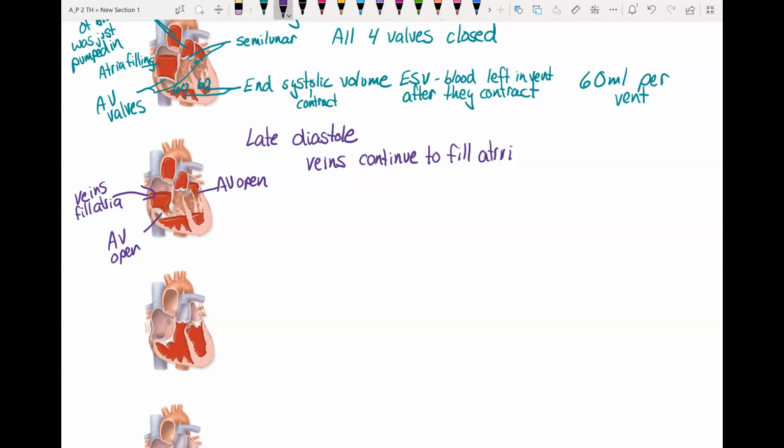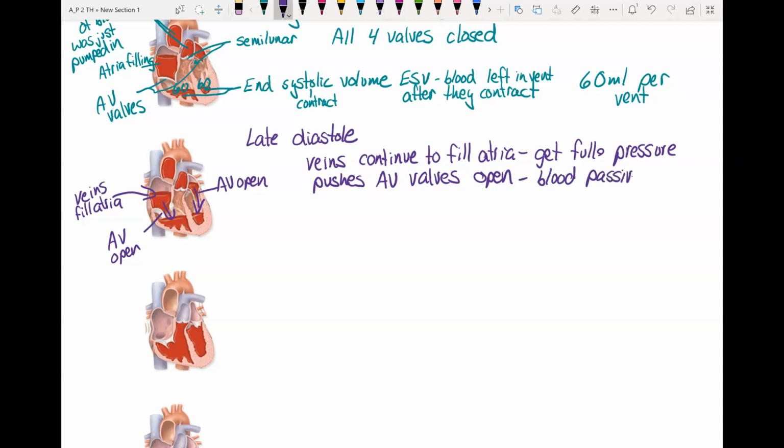And the atria get so full that the pressure pushes the AV valves open. So now that they're open, blood spills into the ventricles. Notice we're not contracting yet though. This is a passive spilling. So once those valves open, blood passively spills into the ventricles.